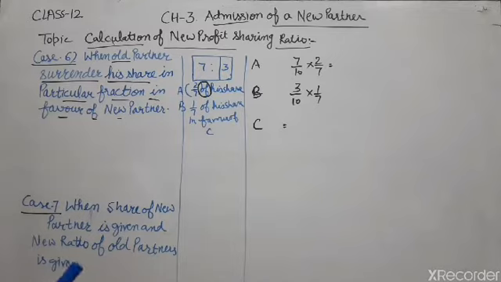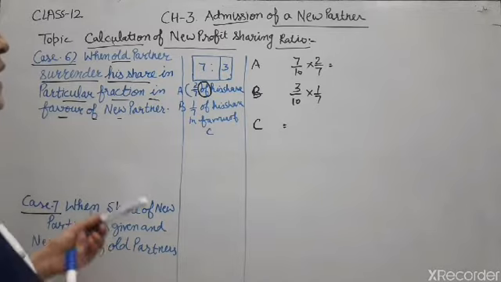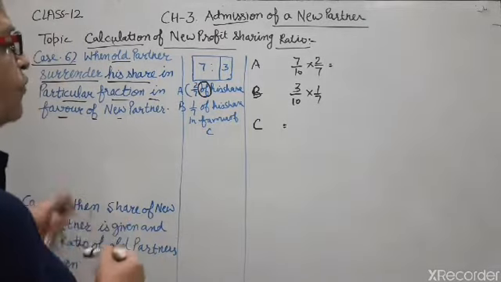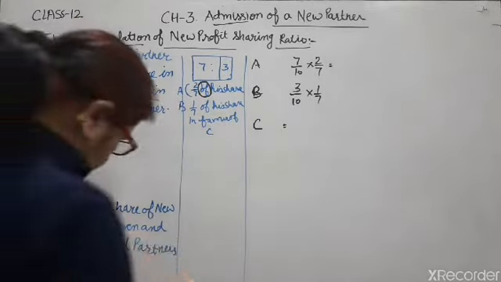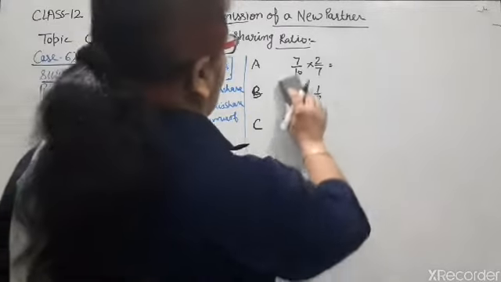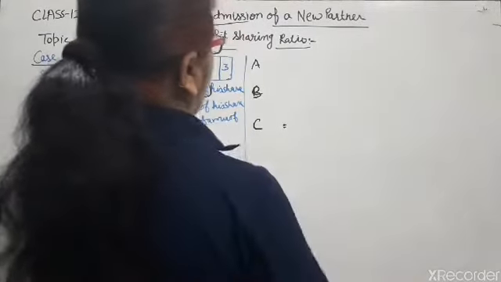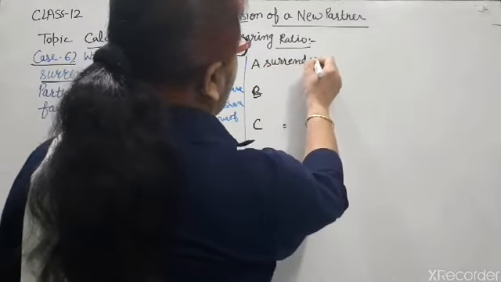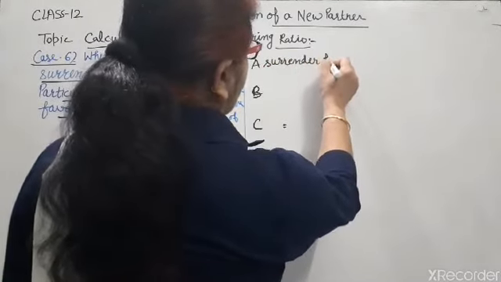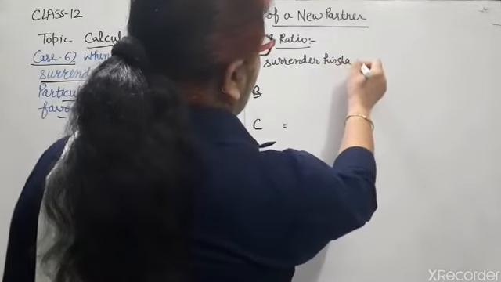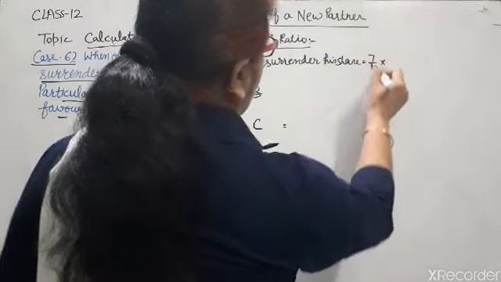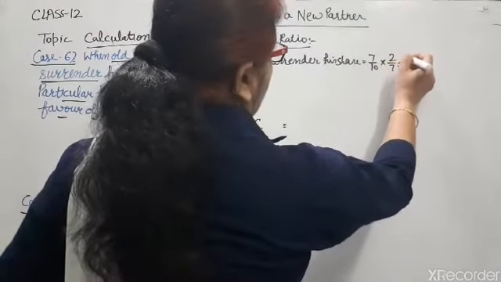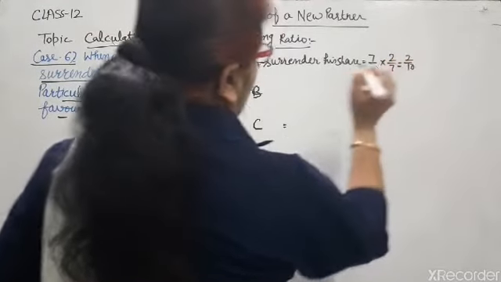So how can we calculate? First of all, we calculate A's sacrifice, because A and B surrender, meaning sacrifice. A's sacrifice is 7/10 multiplied by 2/7, which is equal to 2/10.